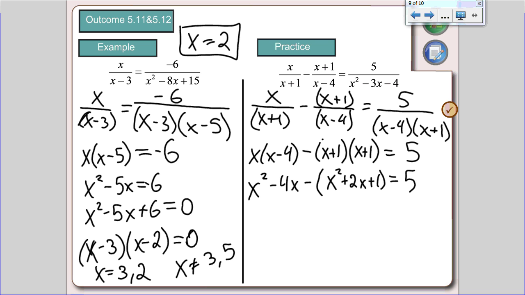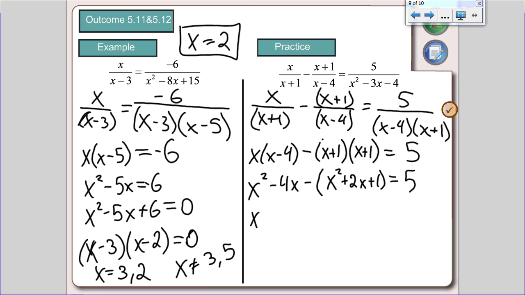I put brackets around this because that minus sign applies to both of these. So when these things foil out, that minus sign has to apply to all three things that I foiled. So all the symbols are going to change. Now you have x squared minus 4x minus x squared minus 2x minus 1 equals 5.